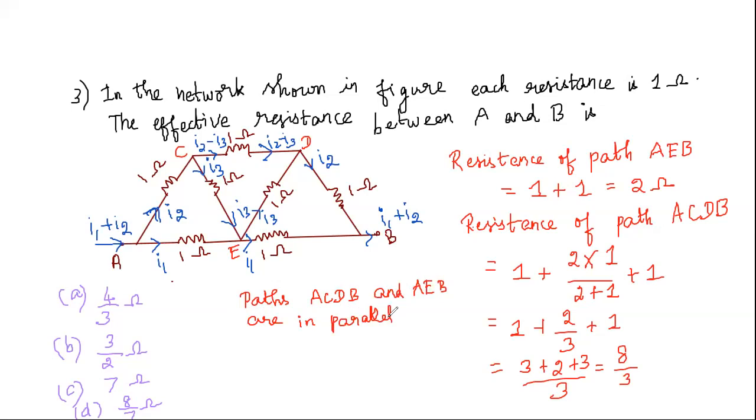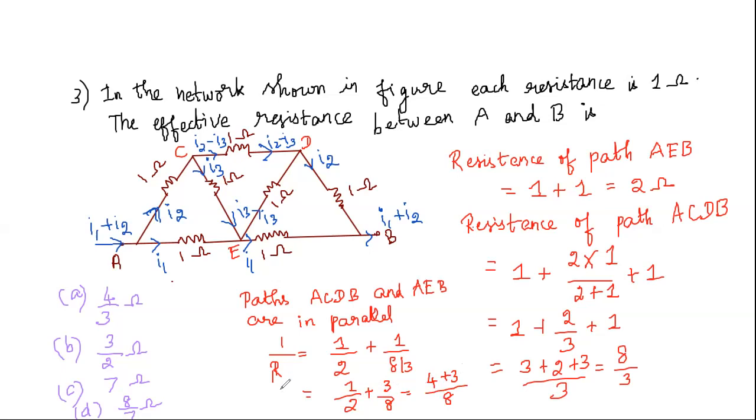You have to apply 1 by the total resistance R is equal to 1 by 2 plus 1 by 8 divided by 3. That will be 1 by 2 plus 3 by 8. And when you take LCM, it will be 4 plus 3 by 8. That will be 7 by 8.